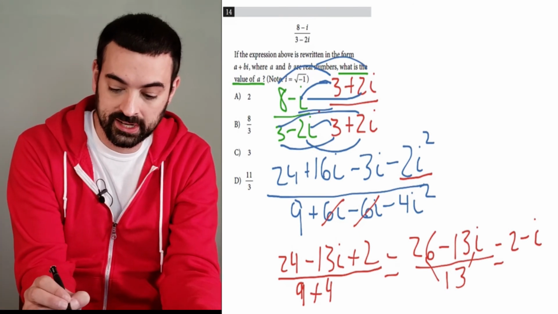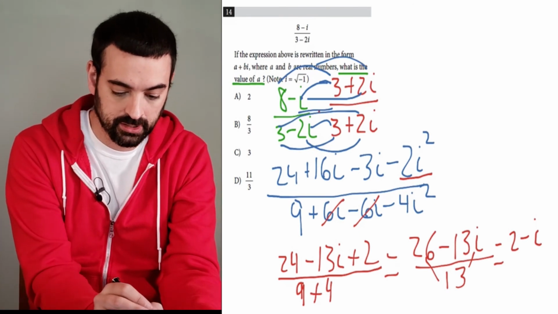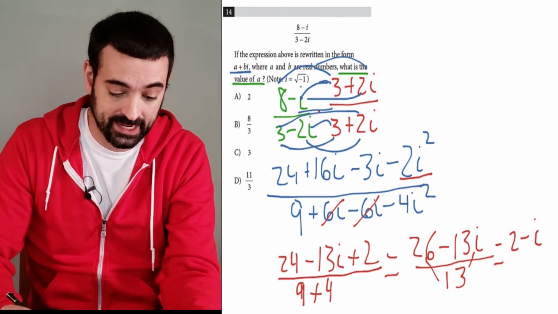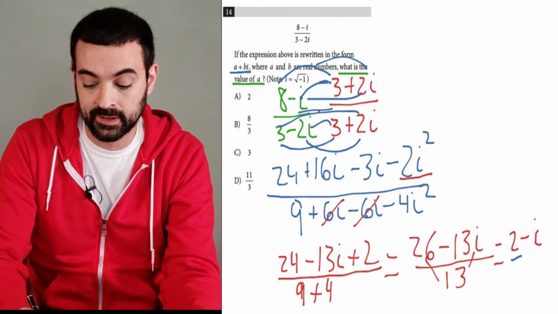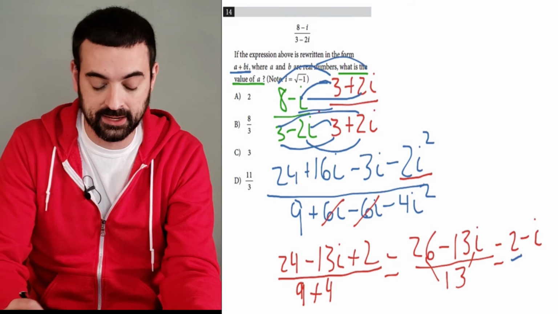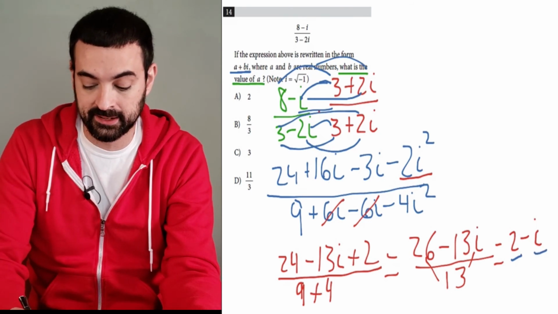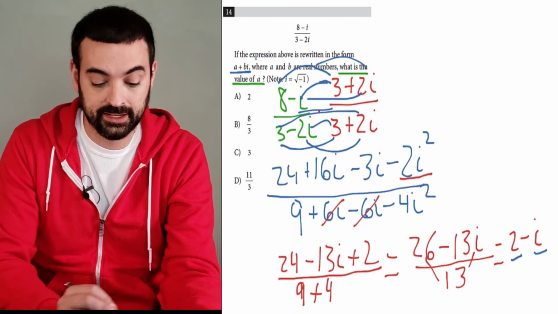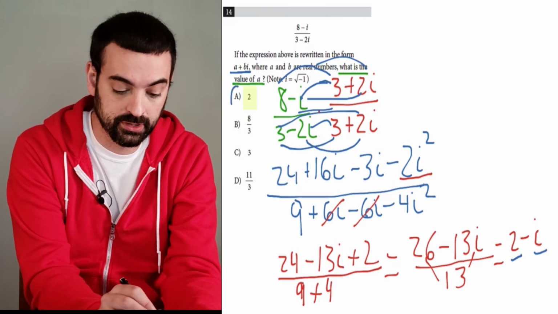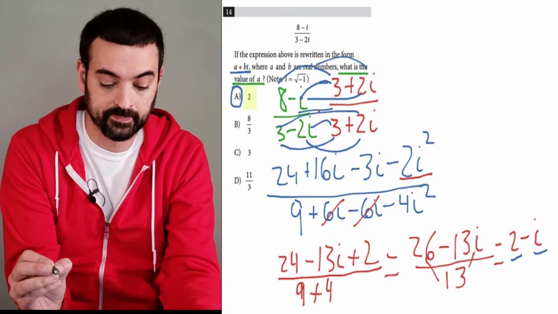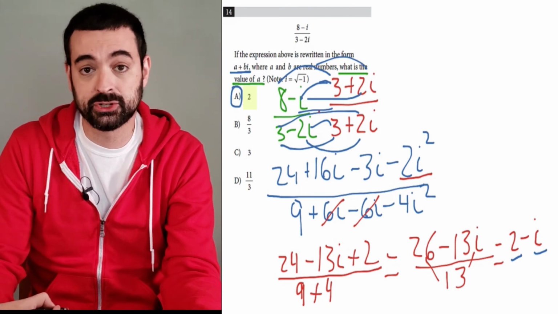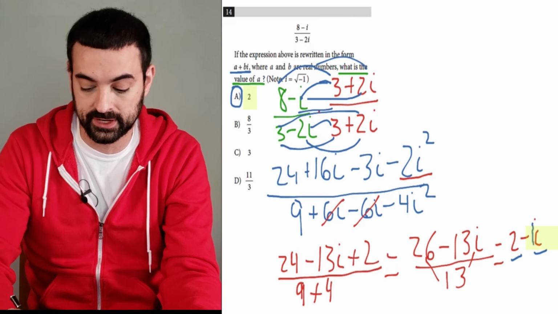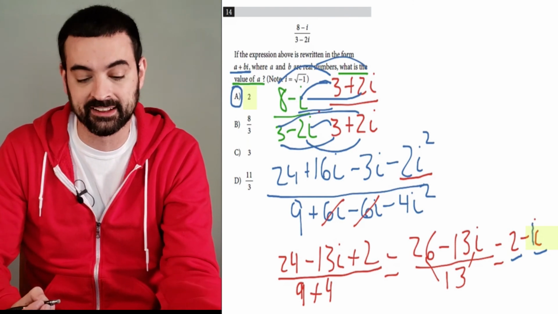The question is asking us to put our answer in a plus bi form. In this case, the a term is 2 and the bi term is negative i. The value of a is just 2. And if they were asking for the b term, we would say that the b term is 1. That would be the invisible coefficient in front of i, but they're not asking for it.